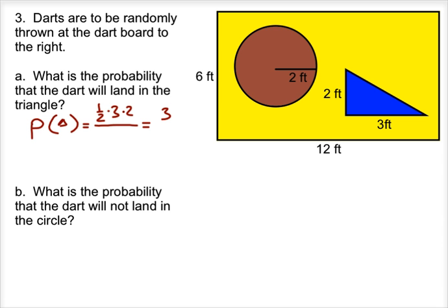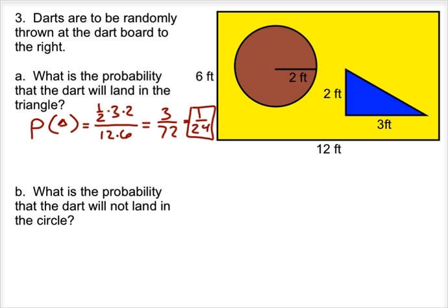The total is the area of the rectangle, which is 12 times 6, and that is 72. Now I reduce 3 over 72: 3 goes into 3 once, and 3 goes into 72 24 times. So the probability of the dart landing in the triangle is 1 to 24.